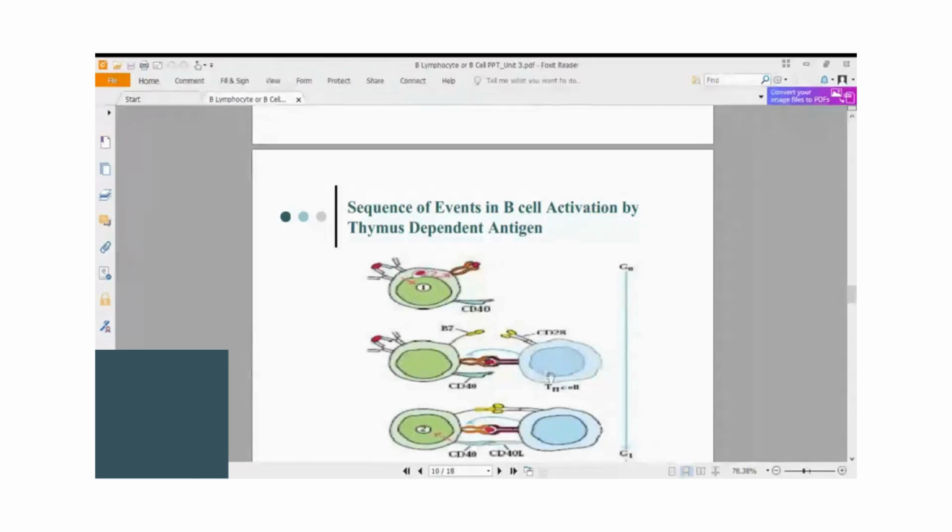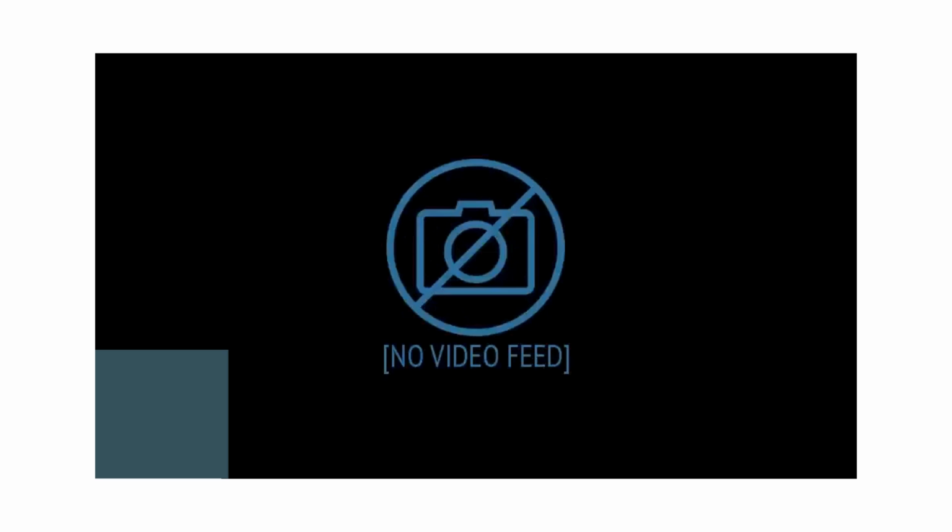Simultaneously, the TH cell has another receptor called the CD4 receptor, CD4. That is why it is called the CD4 T cell. And that CD4 receptor simultaneously should establish contact with the beta 2 domain of the class 2 MHC. When the class 2 MHC is presenting the antigen, TCR will establish contact with the antigen presenting cleft of the class 2 MHC.